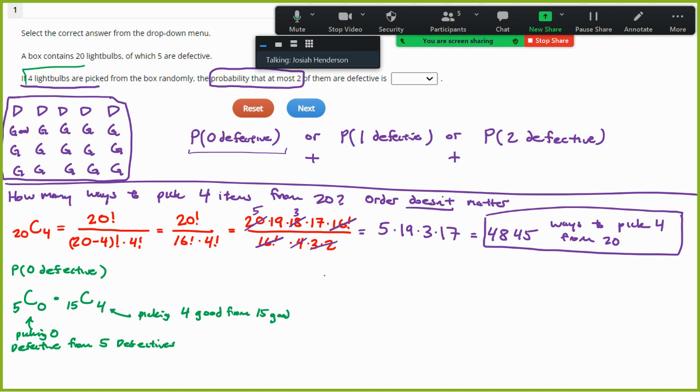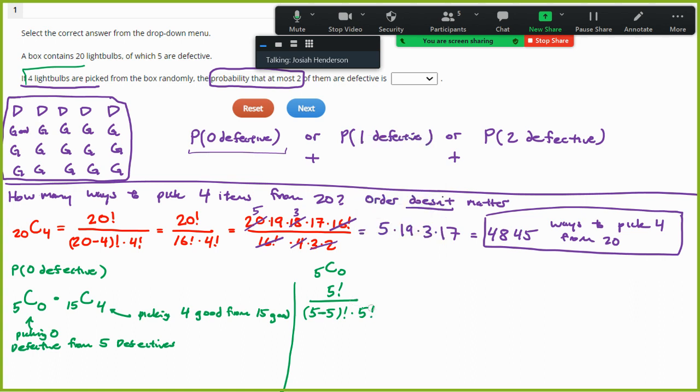So for the first one, 5 choose 0. That's going to be 5 factorial over 5 minus 5 factorial times r factorial, which is 5 again.